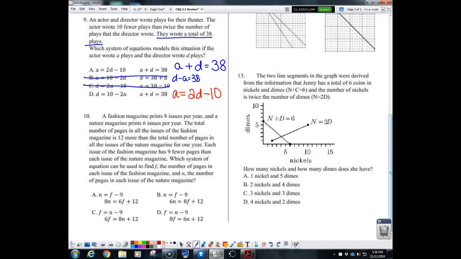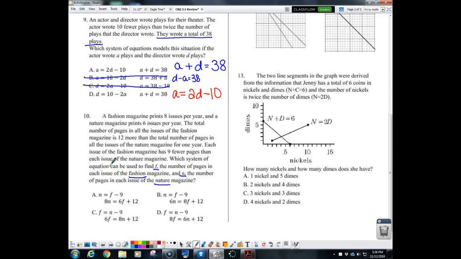Okay, there's a lot of words and they're just trying to put a lot in so it can mentally get you tired, but you need to push through that, okay? So at the end, really all they're saying is F stands for fashion and N stands for nature. That's what you really want to get from that last part. F is fashion, N is nature.